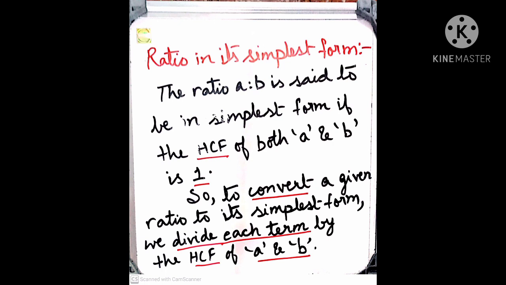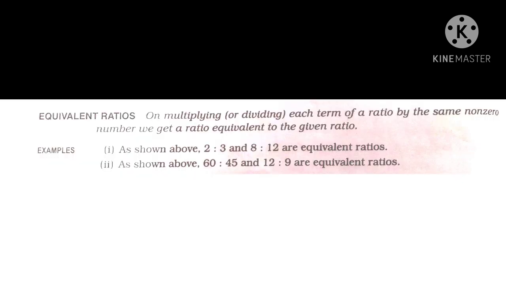So if we have to convert a given ratio to its simplest form, what will we do? We will divide each term by the HCF of A and B. We will be doing some sums based on this. Okay, class? On multiplying or dividing each term of a ratio by the same non-zero number, we get a ratio equivalent to the given ratio.